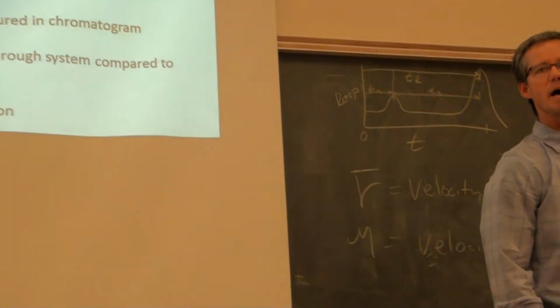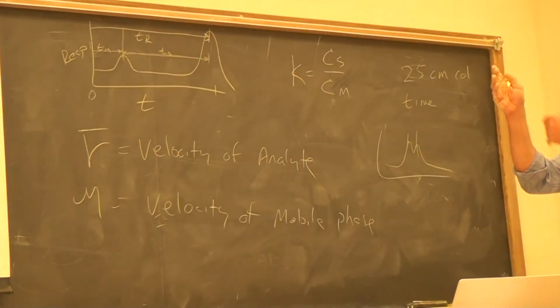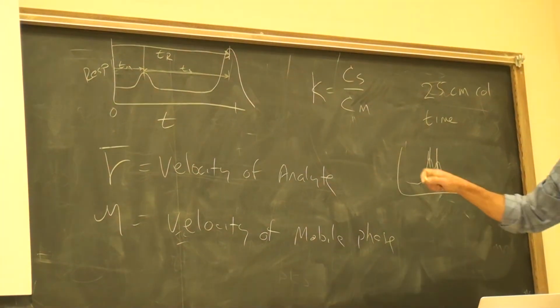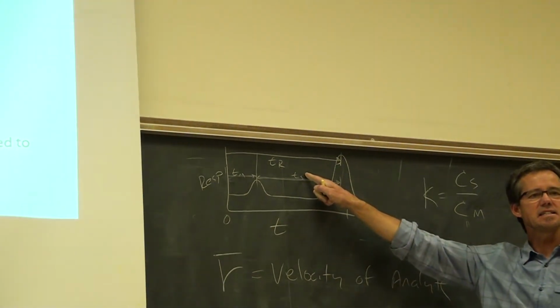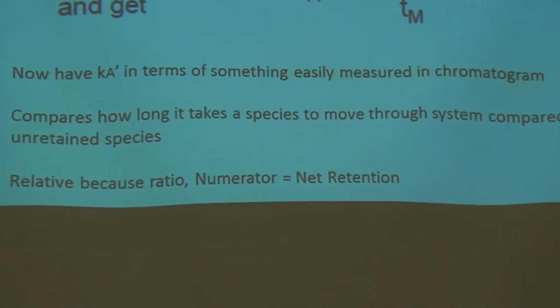Right? So I can take all the theoretical rearrangements of those equations I just showed, and I can actually derive a retention factor for each of these compounds from the information I can easily get out of my chromatogram. And that's the point. That's what you'll be doing.